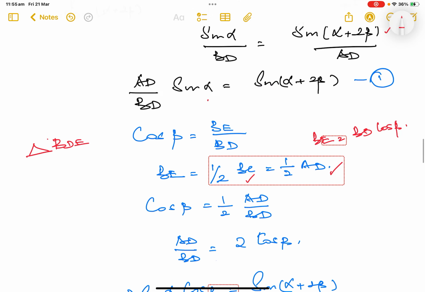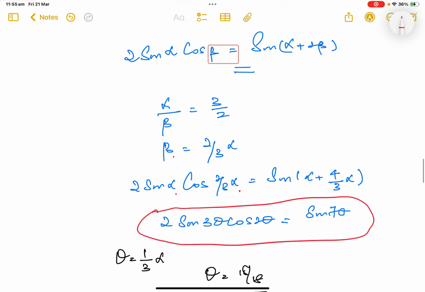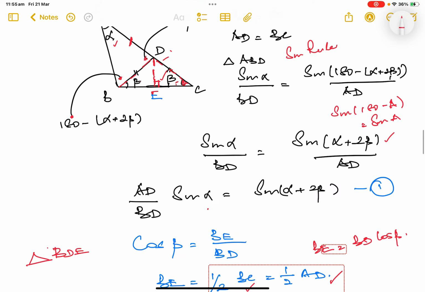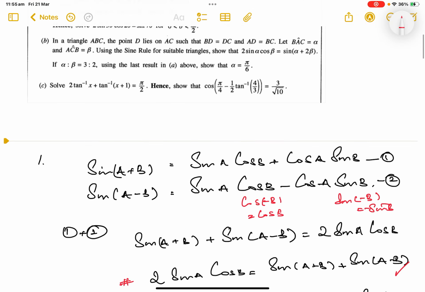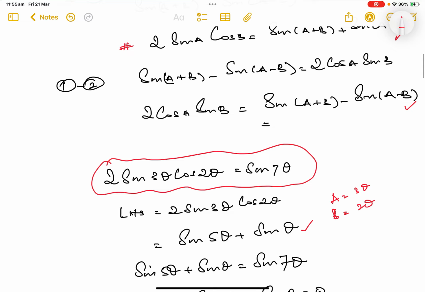From that, now I'm going to go back to that equation, sine alpha cos beta, the equation they ask us to use. Here, using the suitable triangle, show that sine alpha cos beta equals sine alpha plus beta.